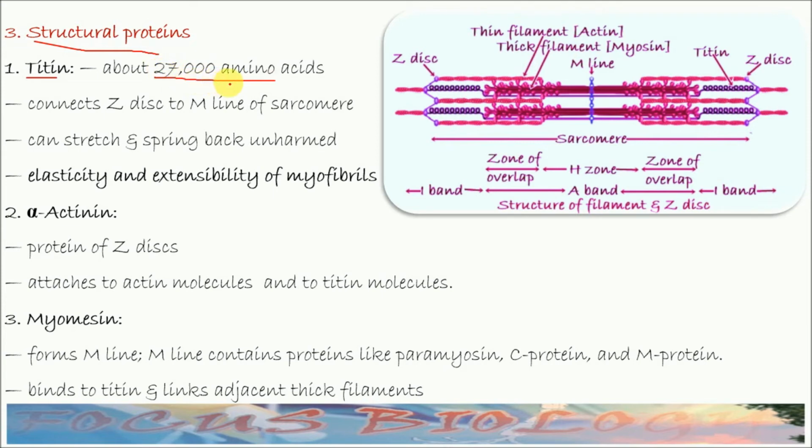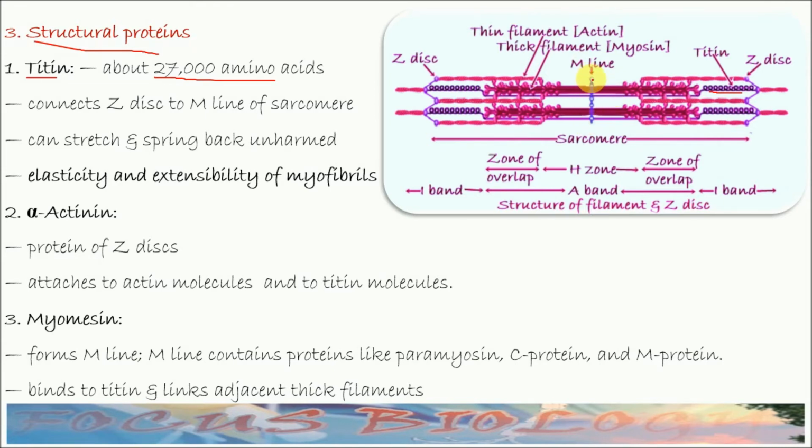It is the single polypeptide, or it is the largest protein known so far. Here this one is the titin. Here you can say this is G disc, this one zigzag structure, G disc. Here this one is titin, and this titin joins to this M line.